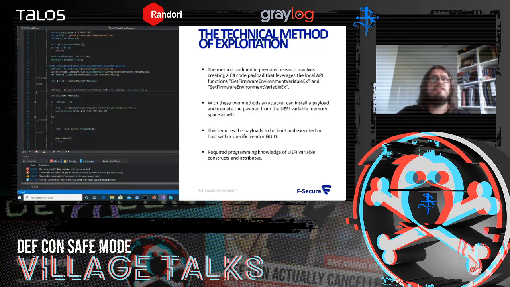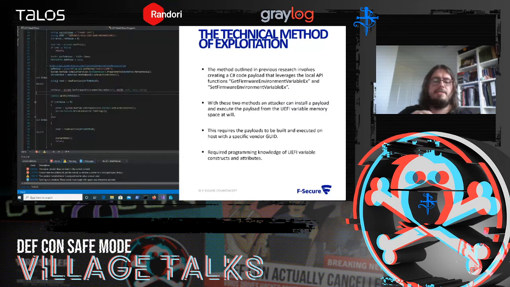As you can imagine, these are the read and write functions. With these two methods, an attacker can install a payload into this memory space and then create an external persistence mechanism to read from this isolated memory space at a later point, or by a trigger, in order to run a more malicious or internal payload, or a beacon or agent or anything like that, from the UEFI memory space.